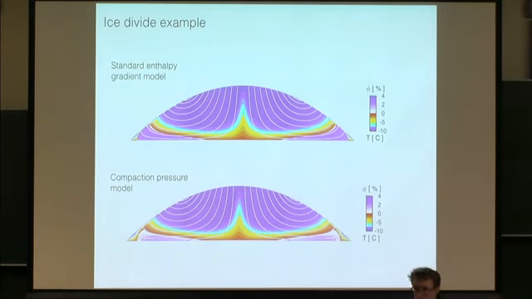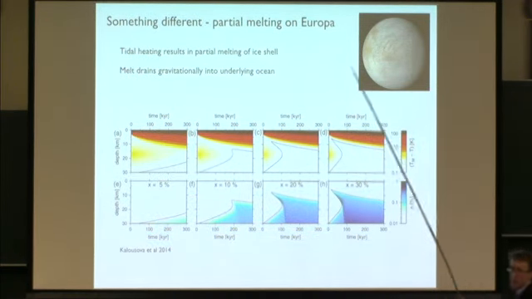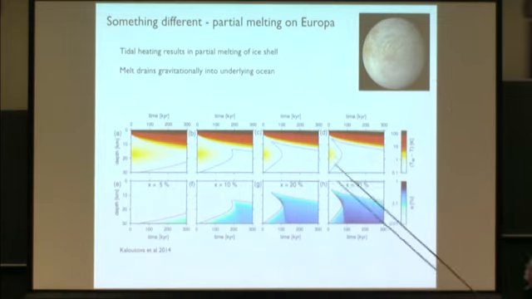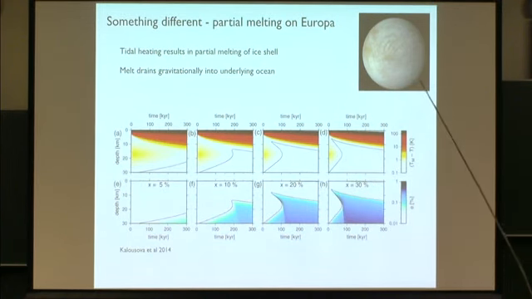You have to go a bit further with studying this. The last thing I wanted to say was something a bit different that I don't really know anything about, but I thought I'd point it out because this is another use of these compaction equations. If you go to Europa, one of the moons of Jupiter, it has an icy shell sitting on top of a water ocean.